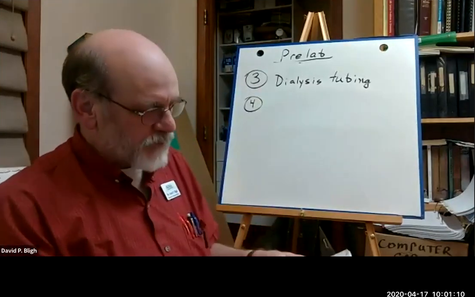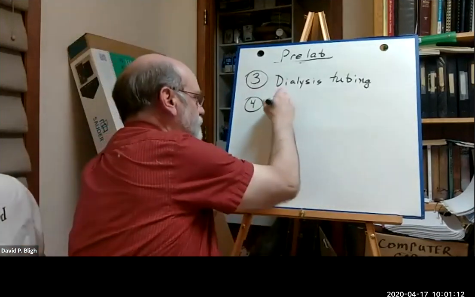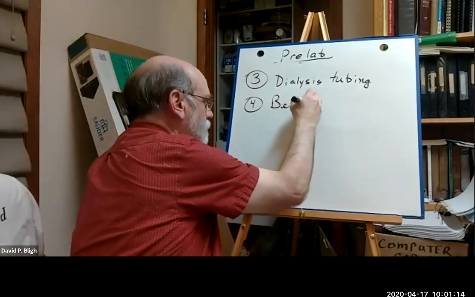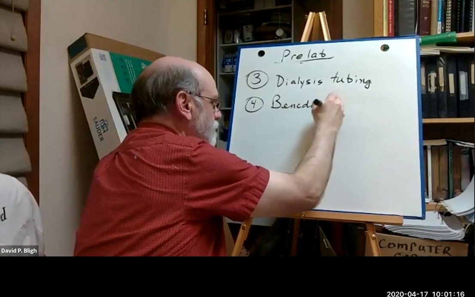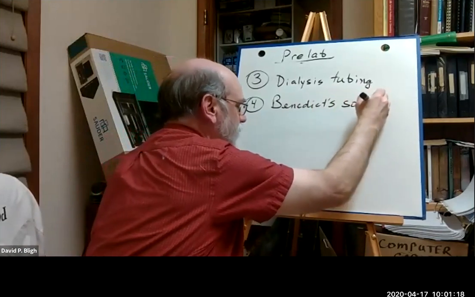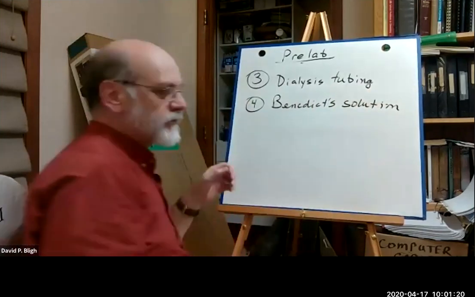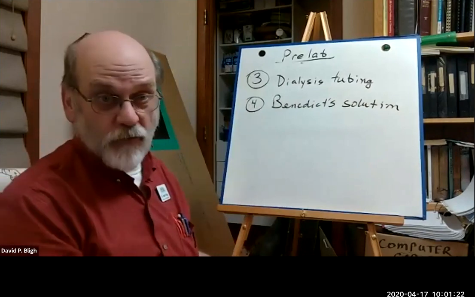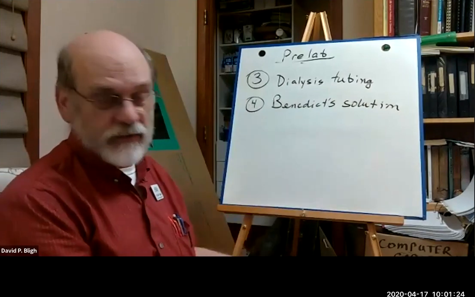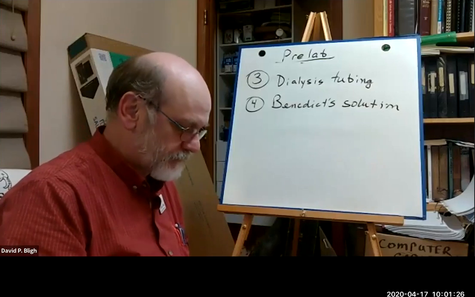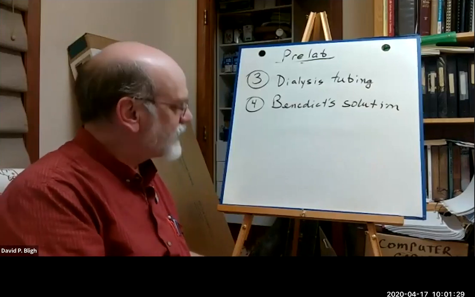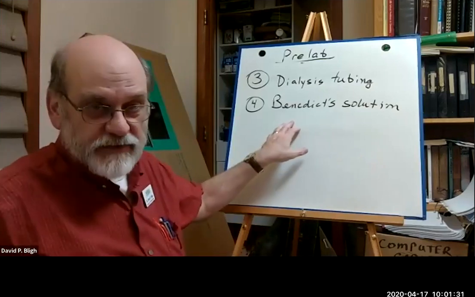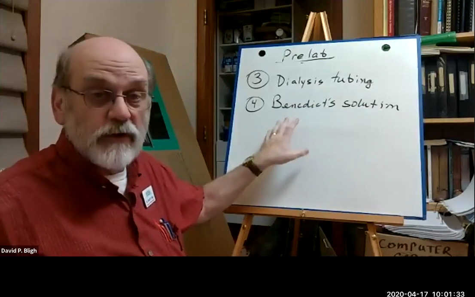Question 4. What's the purpose of Benedict's solution? In other words, what is Benedict's solution used for? I just described it to you, so you should be able to answer that one. Benedict's solution detects the presence, in our case, of glucose.